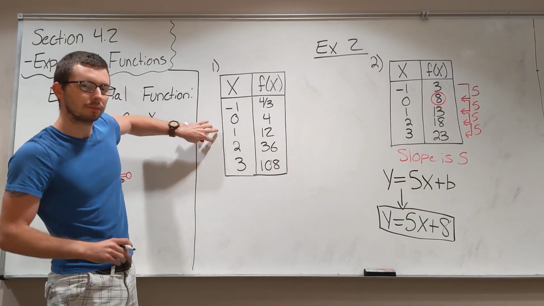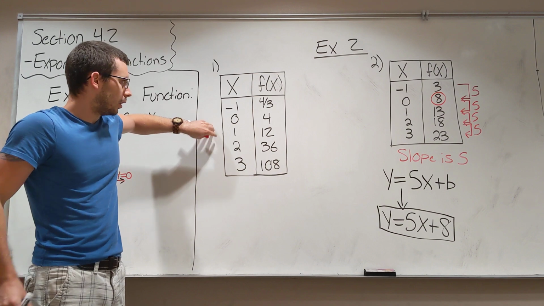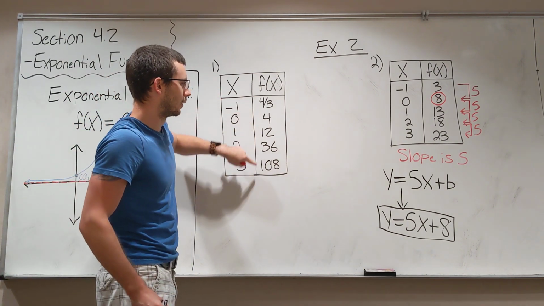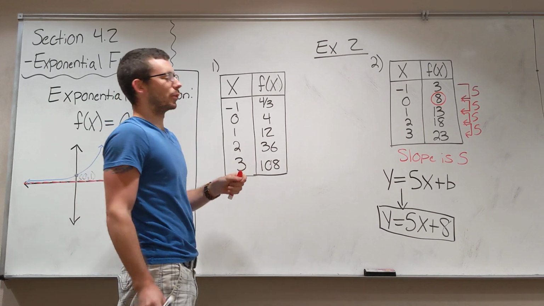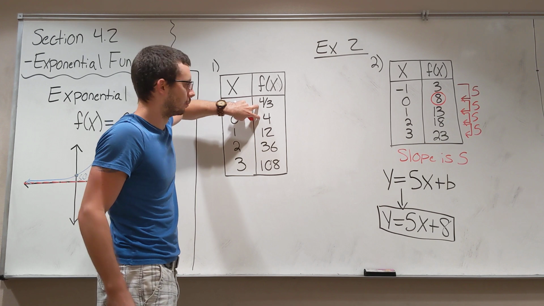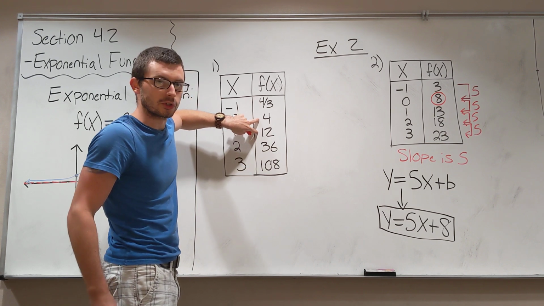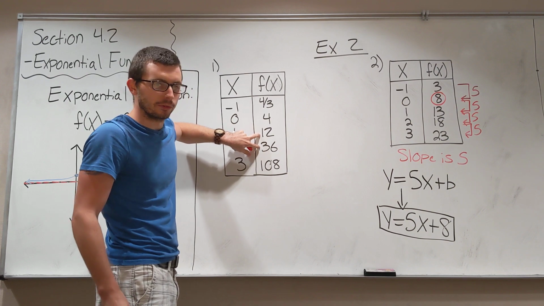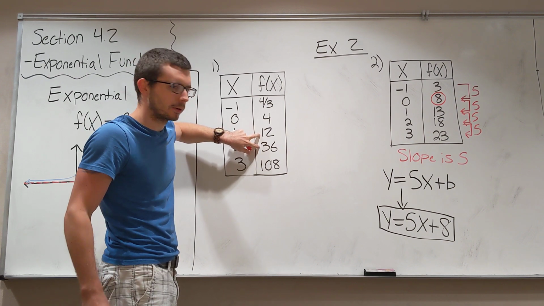But over here, you may notice, if you were to consider the differences between the y values, I don't know offhand what the difference between 4 and 4/3 is, but the difference between 4 and 12 seems to be 8. The difference between 12 and 36 is 24.